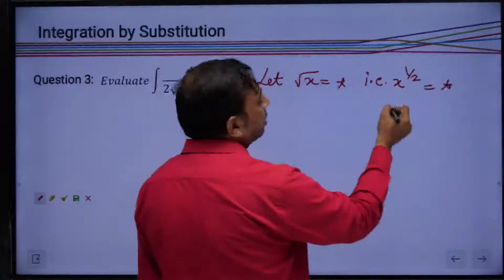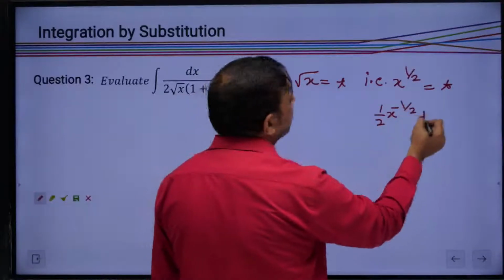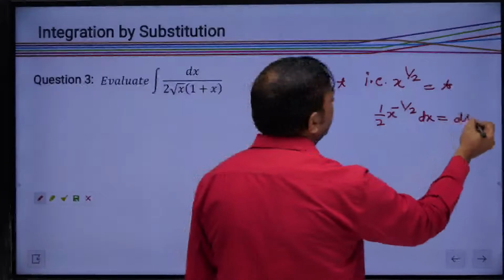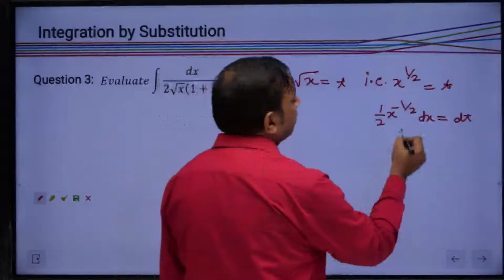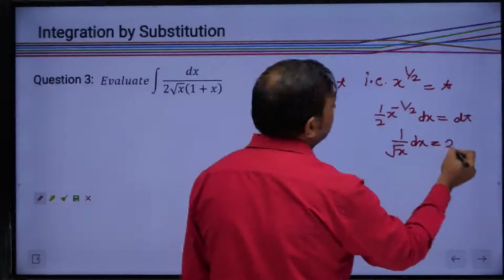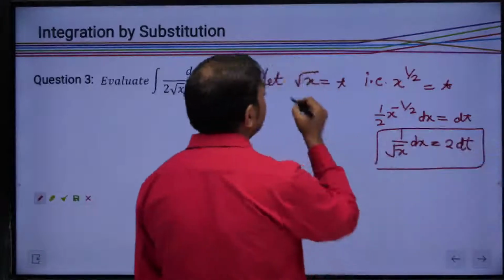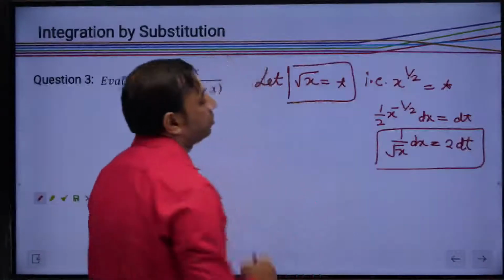So from here 1 by 2 x to the power minus half dx will be dt. Okay. So we have 1 upon square root of x dx equal 2 dt. So these are the two substitutions we are going to use, one substitution and two substitutions basically.